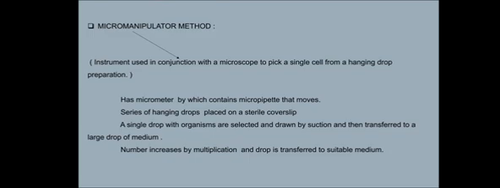Using this, we pick a single drop by suction, suspend this drop into a medium, and then further cultivate it for the purification of the single cell or single microbe that is desired.